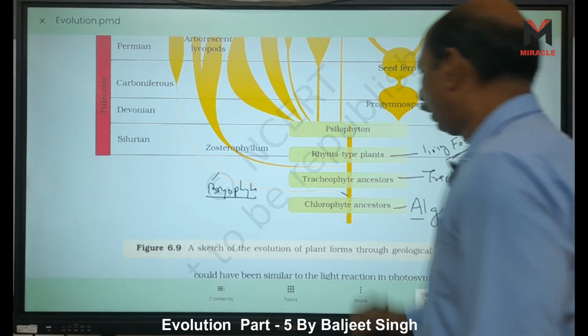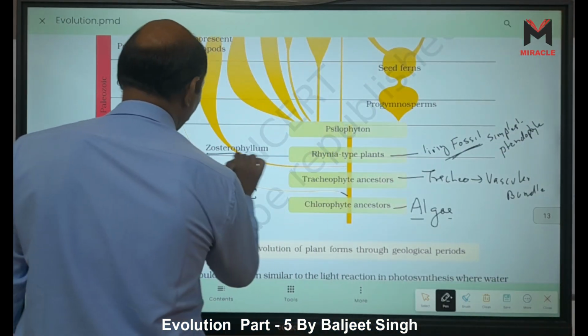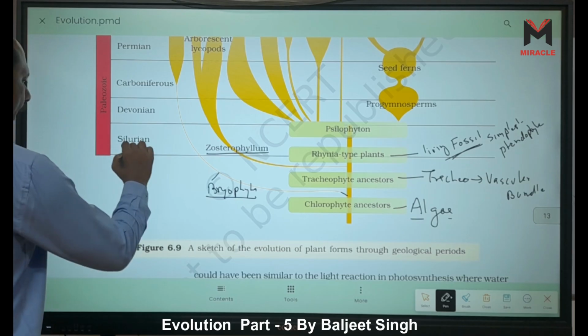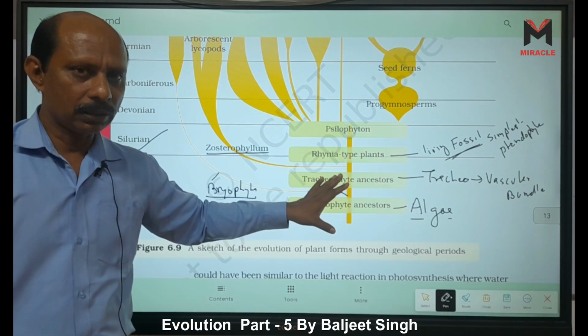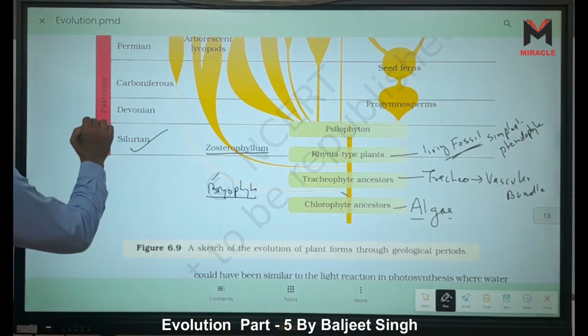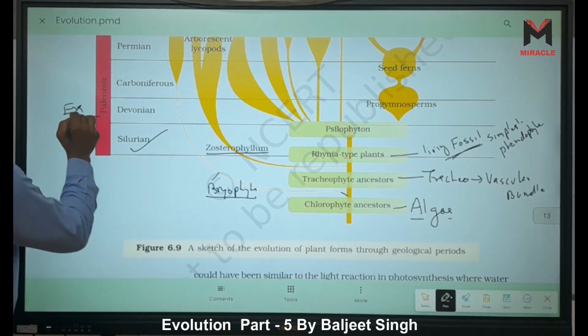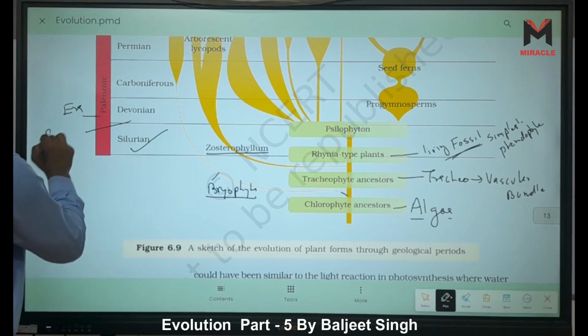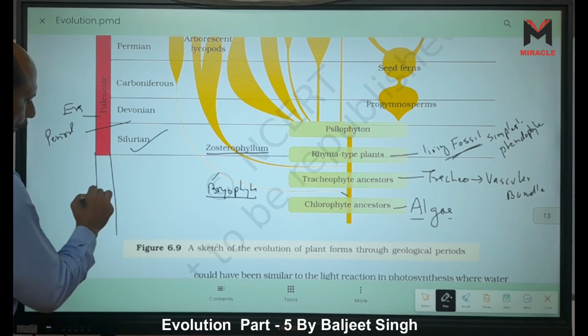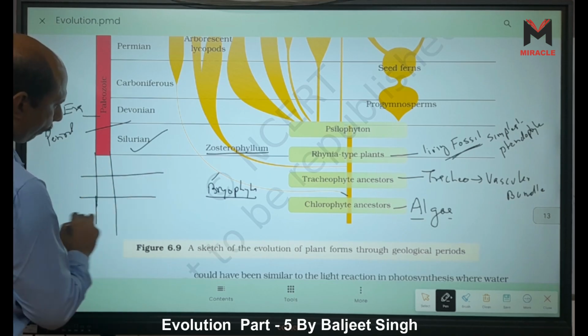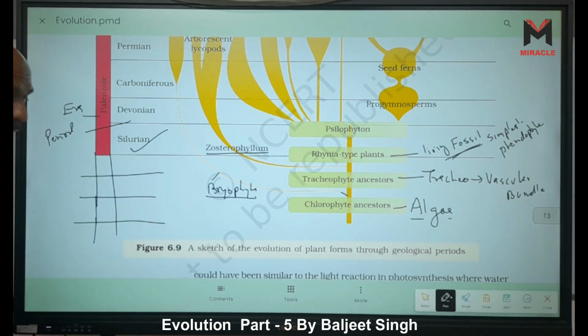Rhynia type plant. And in between, Zosterophyllum is formed. Zosterophyllum time is Silurian. Look here, these are pteridophytes. They are non-seeded plants, right? Silurian, we know, is in the Paleozoic era, and these are periods. Here we have other periods also. This is Silurian, right?